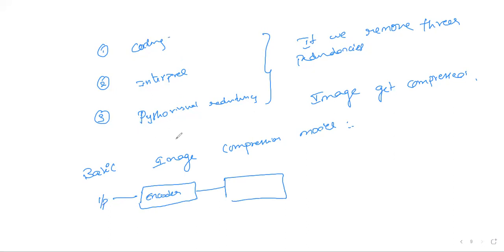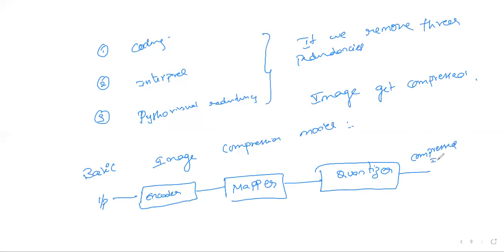Interpixel redundancy is removed using the mapper, and psychovisual redundancy is removed using the quantizer. So after applying these three blocks, we get the compressed image, and then we transmit the image.